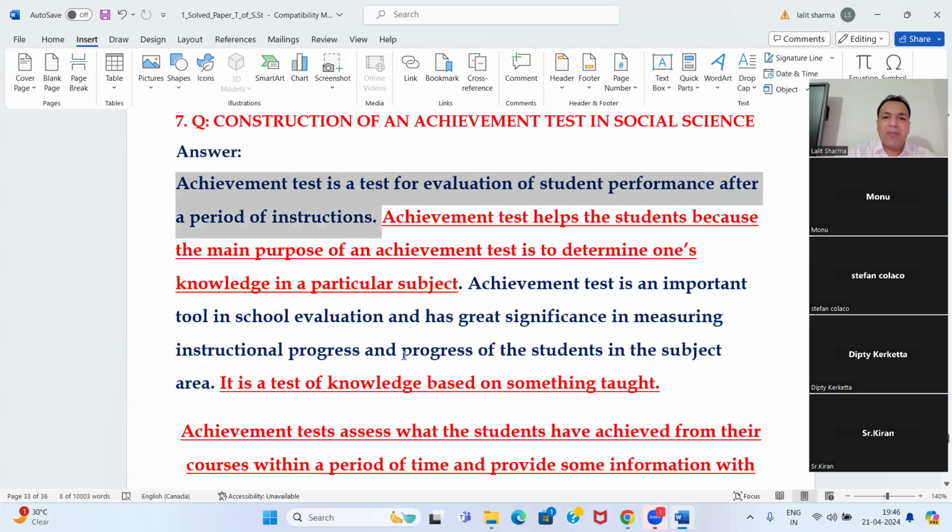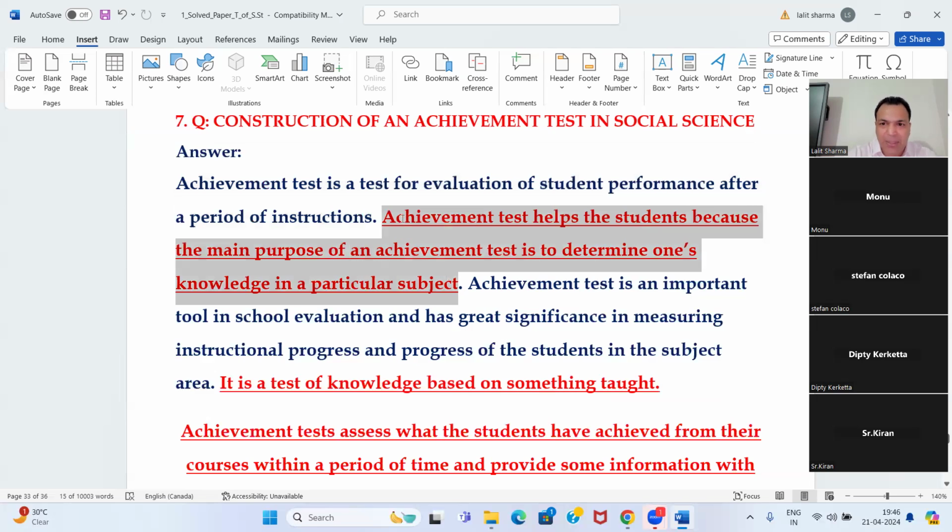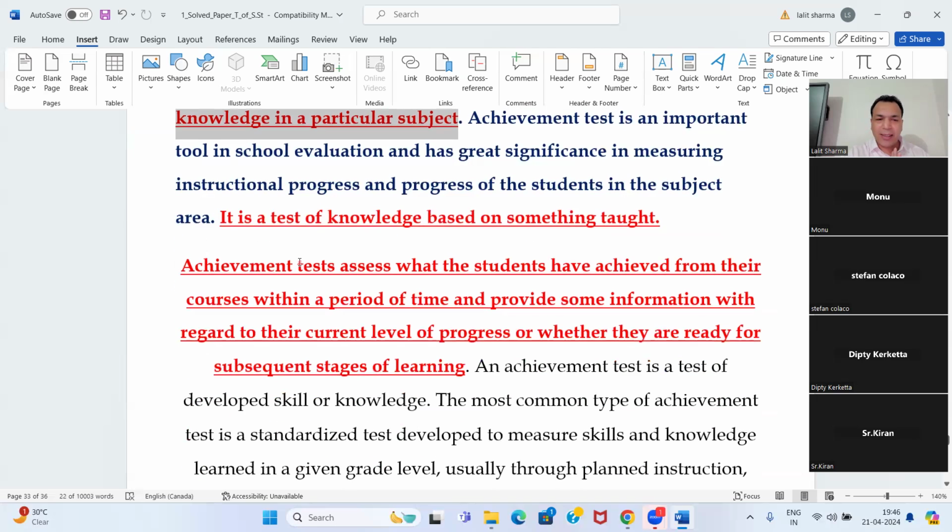Achievement test is a test for evaluation of students' performance after a period of instruction. Achievement test helps the student because the main purpose of achievement test is to determine one's knowledge in a particular subject. Achievement test, the name is suggested, achievement, whether the student has achieved or not. देखो ना, आपको इवेल्युएशन अच्छे से आती है तो ये भी समझ आ जाएगा अच्छे से, right?